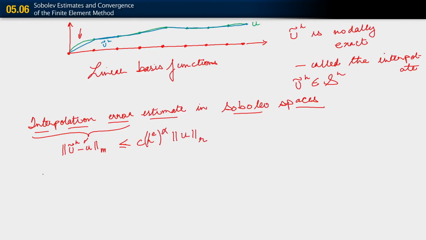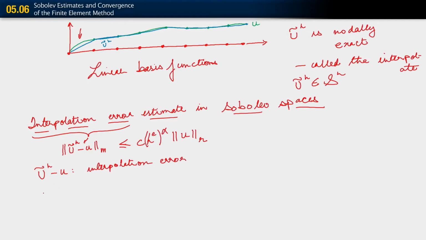Okay, so what do we have here? u tilde h minus u is the interpolation error. It's the error incurred by the fact that we're using finite dimensional basis functions, even if we had the exact solution at the nodes.